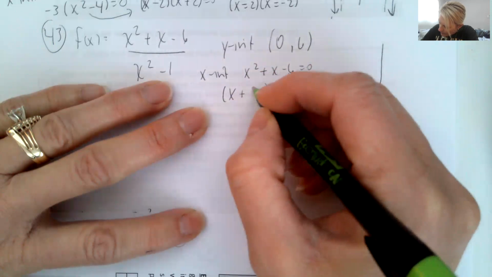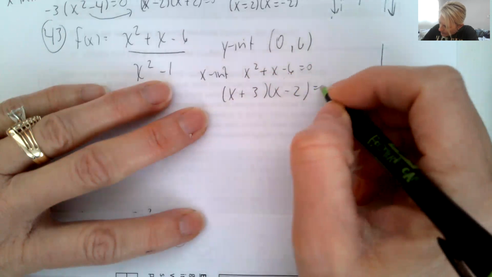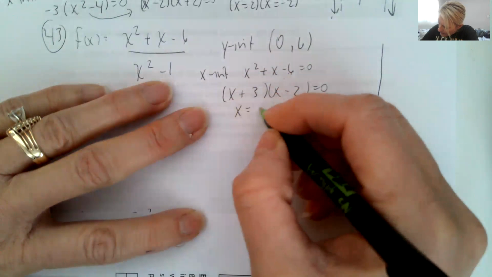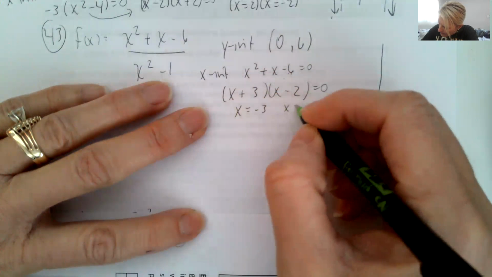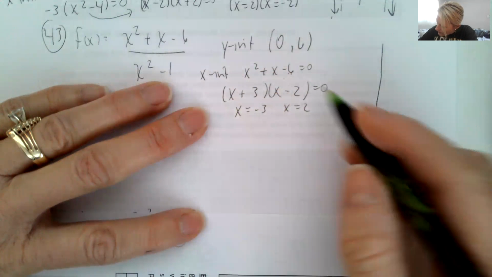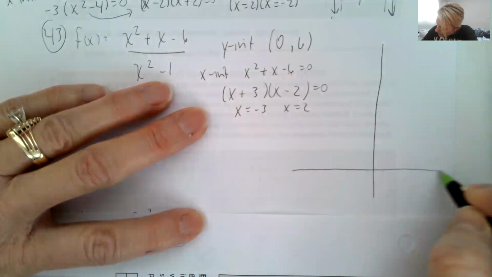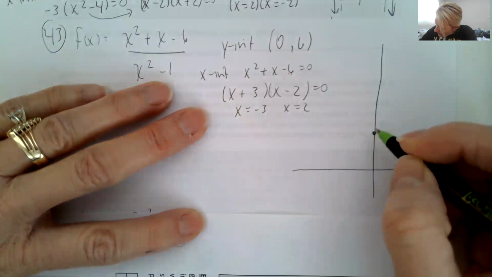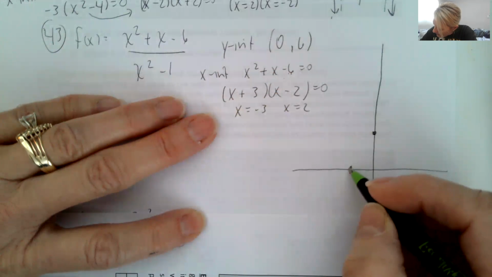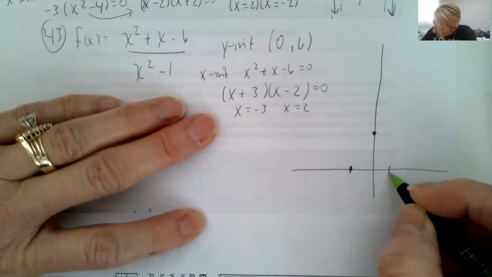So I'm going to do x plus 3 and x minus 2. And sure enough, I get x equal to negative 3 and x equal to 2. Okay, so my y-intercept is at (0, 6). And then I've got x-intercepts at negative 3 and 2.